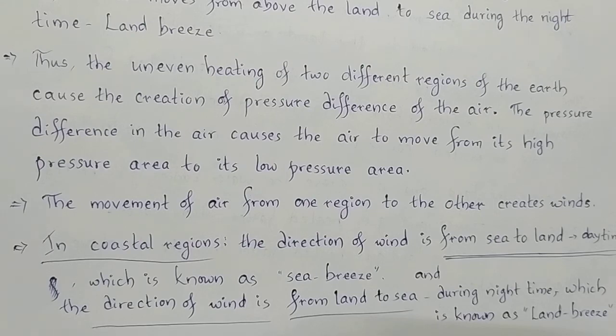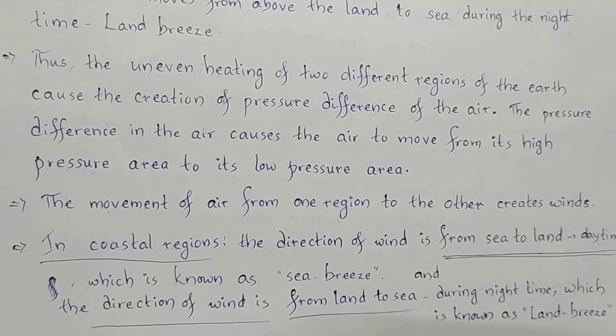This uneven heating of two different regions of the earth causes the creation of a pressure difference in the air. The pressure difference in the air causes the air to move from its high pressure area to its low pressure area. Right? The movement of air from one region to another region creates winds.